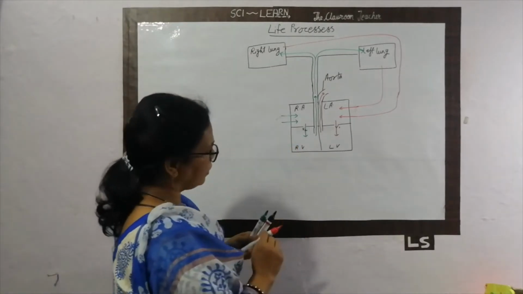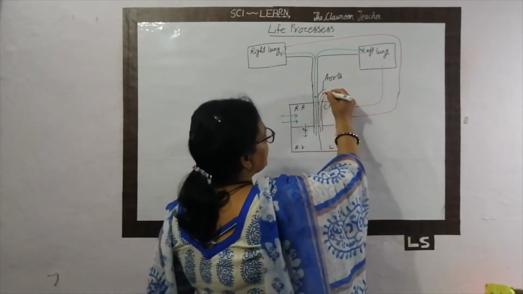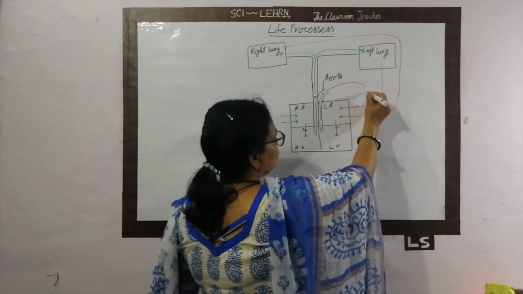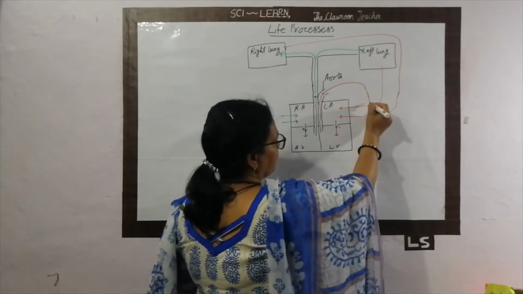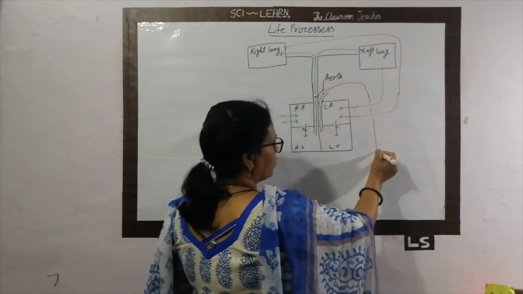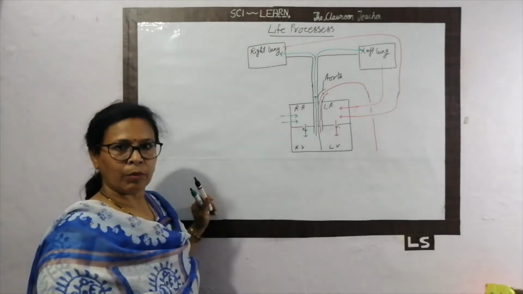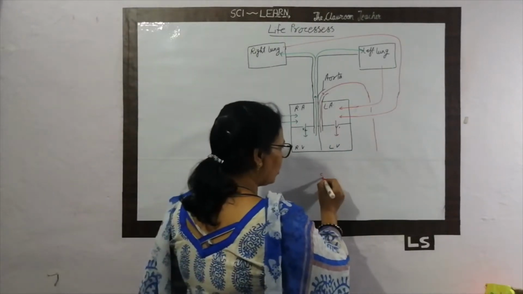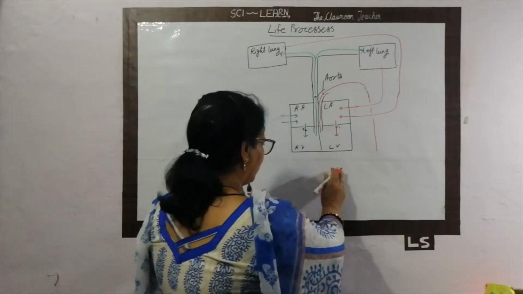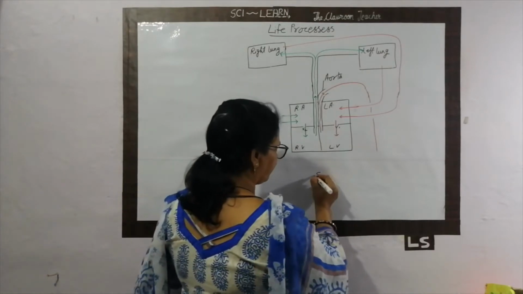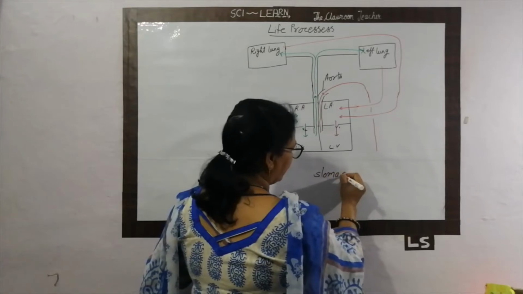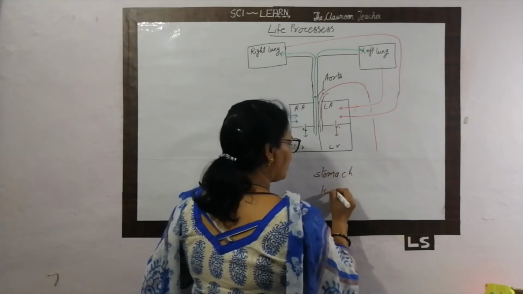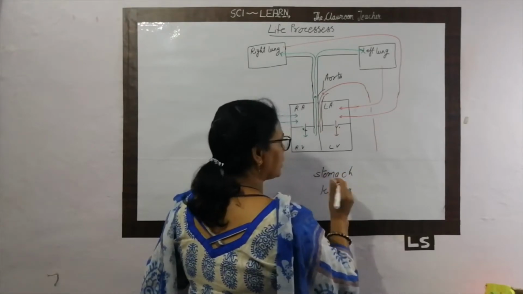Then what happens? This is the aorta. The aorta transfers this blood throughout the body, all the lower part and all the upper part of the body. This is the stomach, the kidney, our legs up to the toe, all the organs are there.